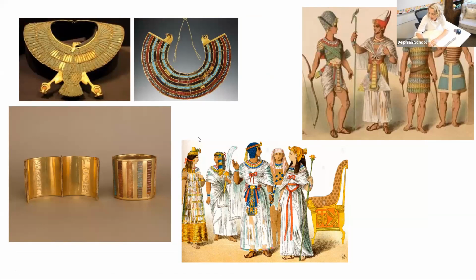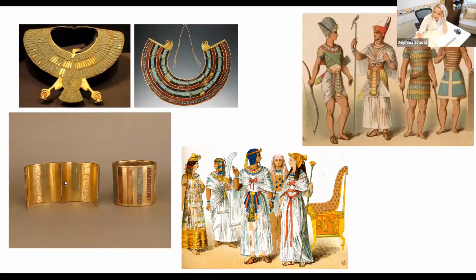And they worshipped them, and they had all this really beautiful jewelry that they made. Here in this picture, you can see a couple of their necklaces, and they're all made with gold and different precious gems. And you can see there's a bracelet, and those bracelets inside, they have words, and those are the first hieroglyphs that you're going to see here in this class.